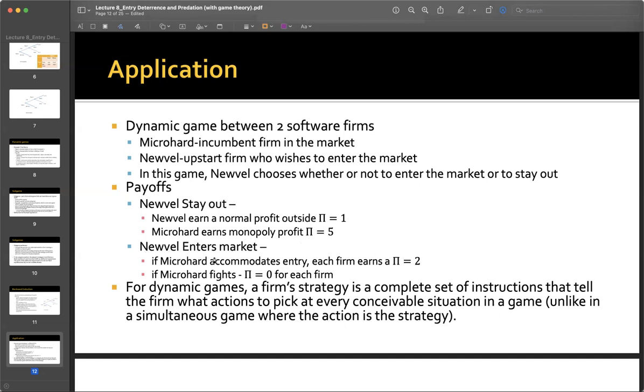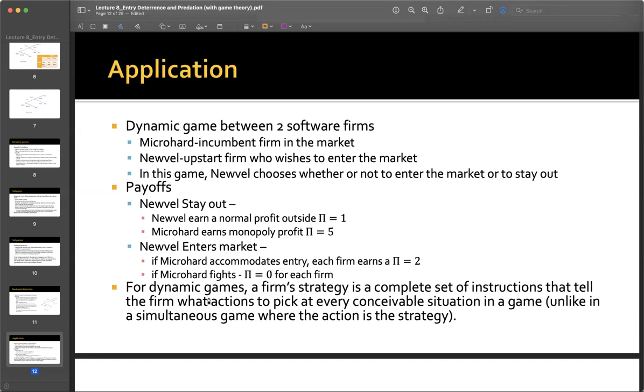If Nouvel enters the market, and if MicroHard accommodates the entry, then each firm has a profit of 2. But if MicroHard fights, then there will be a profit of 0 for each firm.